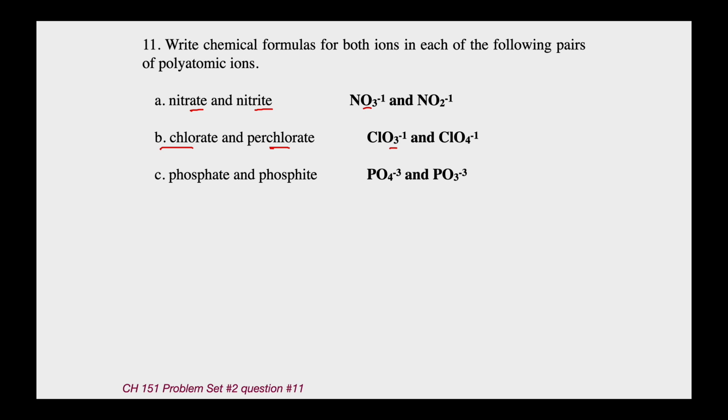So phosphate is PO4 with a -3, and phosphite still has 1 less oxygen, PO3 with a -3 charge. So please realize that, yeah, phosphate and phosphite, the ATE and ITE pattern does follow, but ATE does not necessarily mean 3 oxygens. Phosphate and sulfate are both examples of polyatomic ions with 4 oxygens instead of 3.